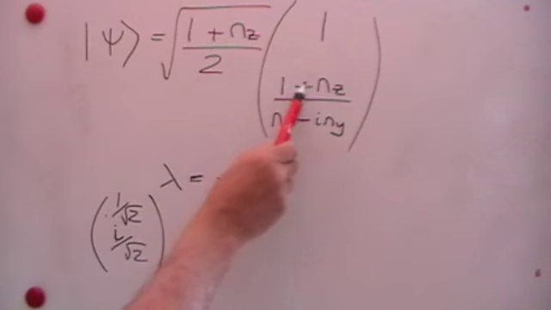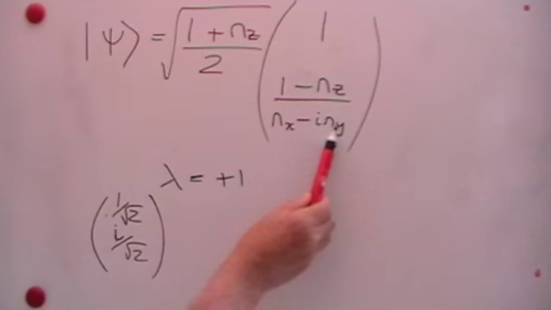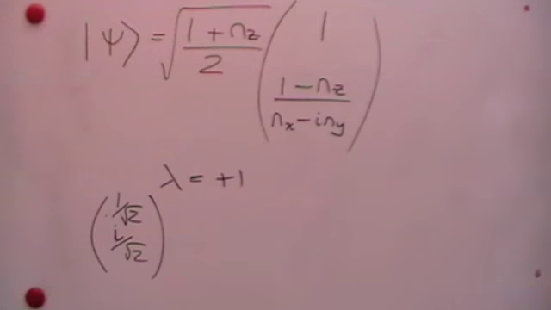And here we're going to have 1 minus 0, so that's 1, divided by 0 minus i, because ny is 1. And 1 divided by minus i is plus i. And so since you're multiplying by 1 over root 2, you've got i over root 2. So that works as well. So when you look at that general formula and you reduce it to when only nz equals 1, and only nx is 1, and only ny is 1, then you get the eigenvectors for sigma z, sigma x and sigma y respectively.